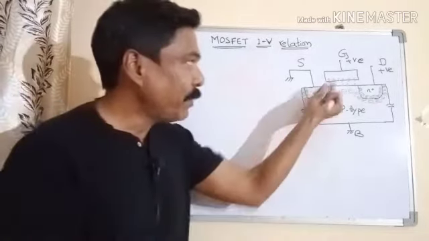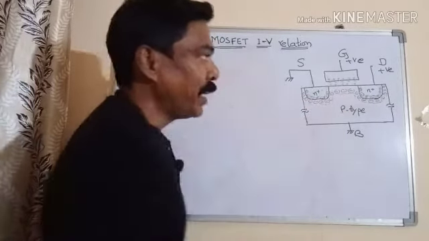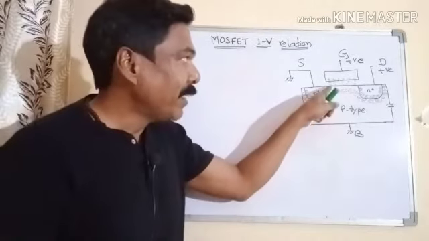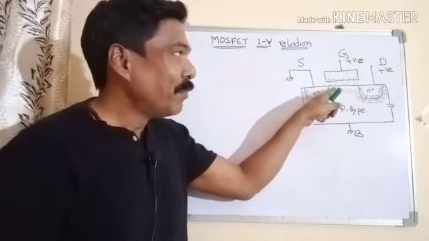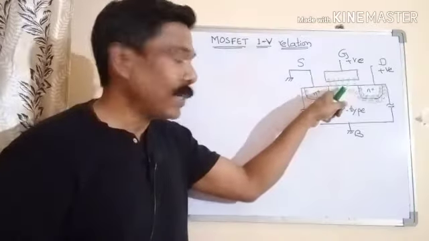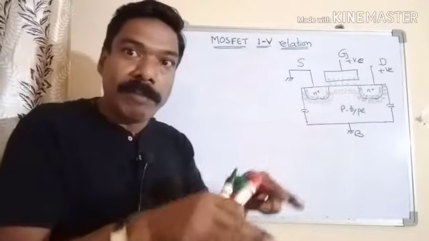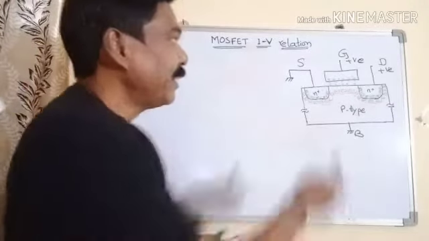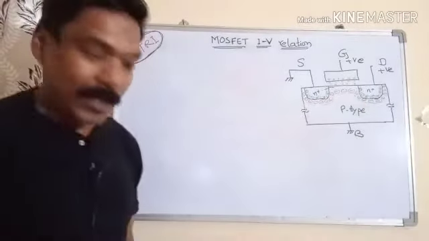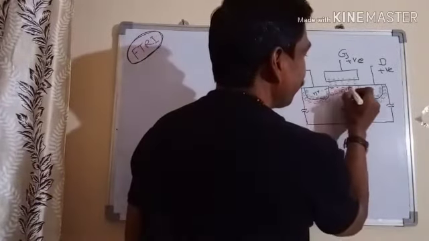There is a built-in potential between the N plus source and the P-type body, and this built-in potential will keep on lowering at the surface due to the voltage applied at the gate. At a point in time, the surface potential will be so decreased that electrons will flow from the source into the body, contributing to mobile electron charge.